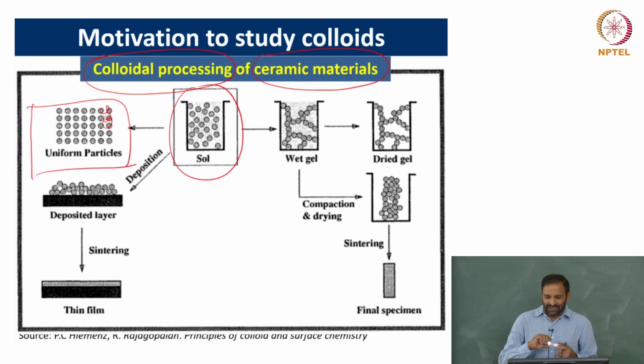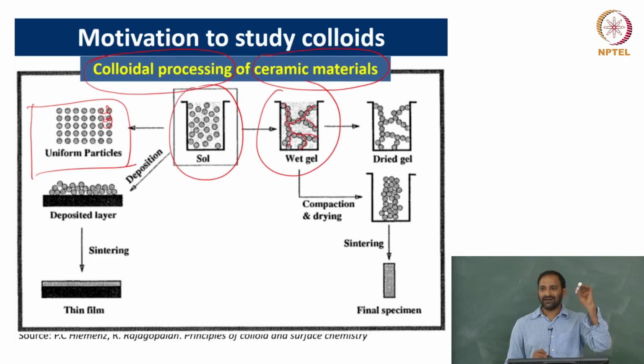That's an example of what is called a wet gel, because it still has a fluid, and the particles that I have in the sol form a nice network, and this network spans the entire volume. I can go from one end of the sample to the other end just along the particle network. That's what is called a wet gel.